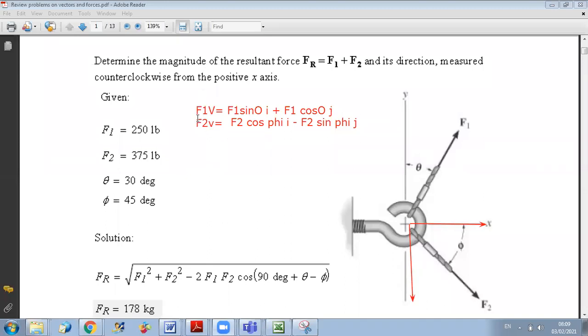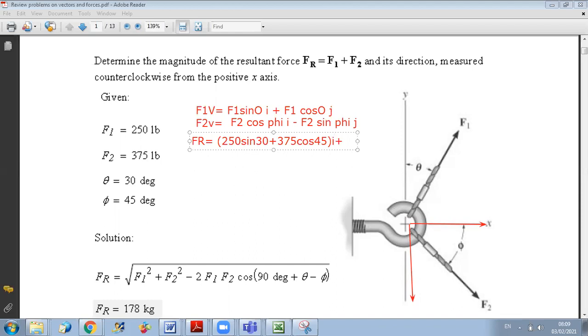Now, to get the resultant, F resultant, all I have to do is the summation, okay? So along i, I will replace by numbers. F1 is 250, so it's 250 sine 30, plus F2 cosine phi, so plus 375 cosine 45. This is along i.